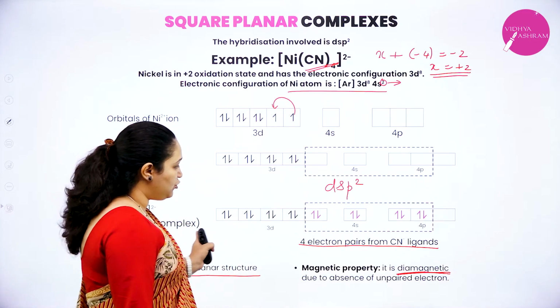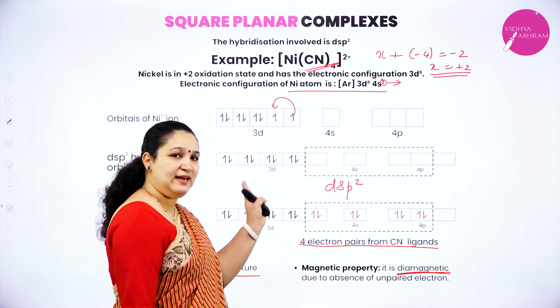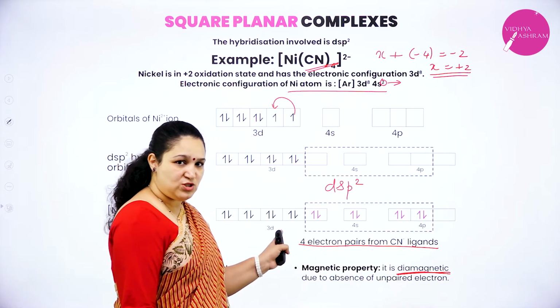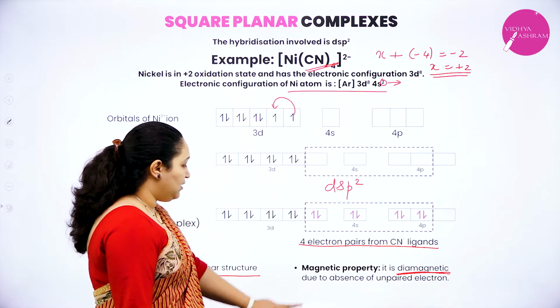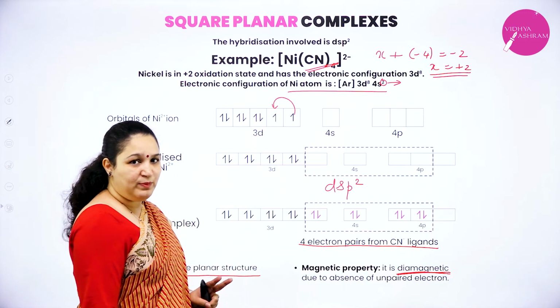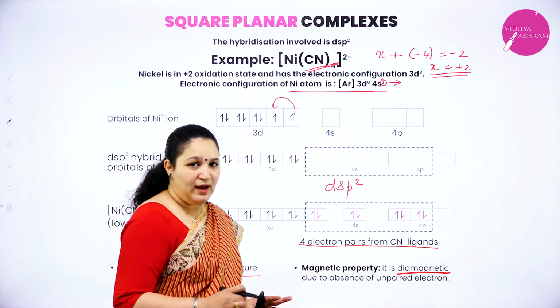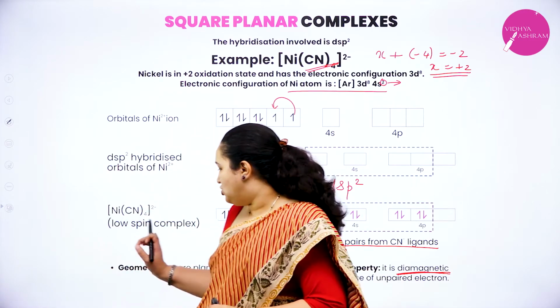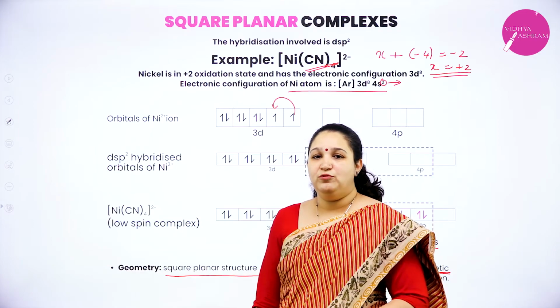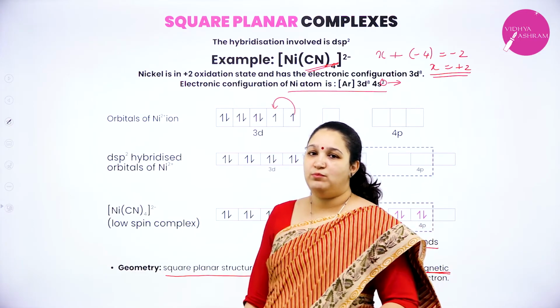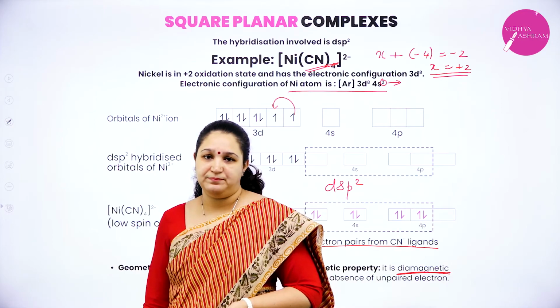The next step, you have to show where the electrons from the ligand have filled the hybridized orbitals. That will carry 1 mark. Next 1 mark to write about the magnetic property. Another 1 mark you have to write about the geometry of the complex. So, all the 4 are really very important for your exam. Okay.